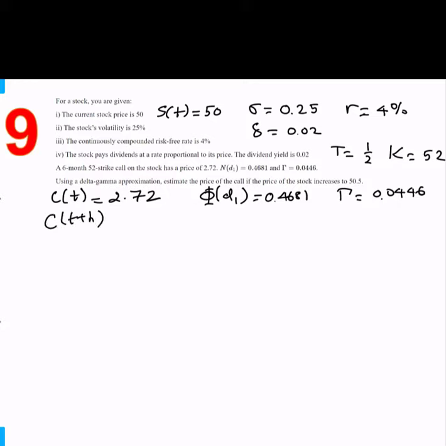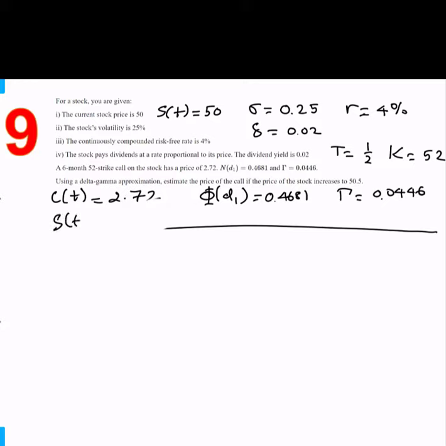So that means C(T+h)... And this is delta-gamma approximation, so there's no theta in the approximation. So now we need to estimate the price of the call. Oh my bad, this is not correct.